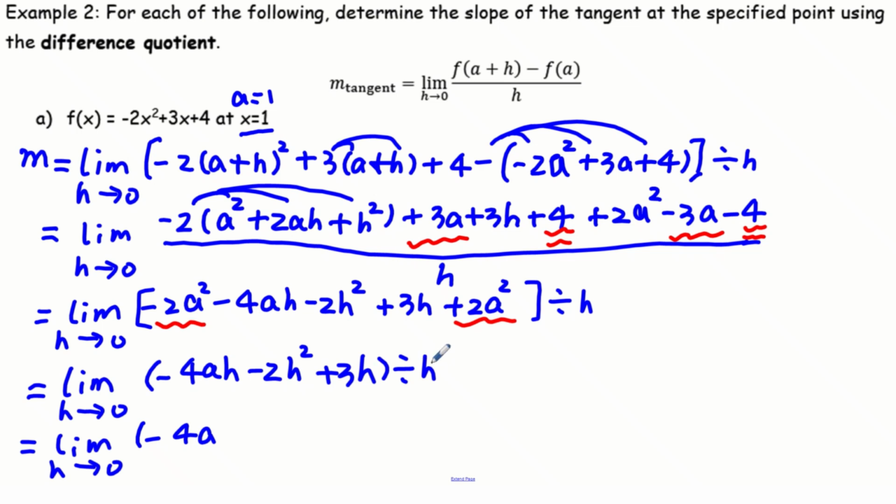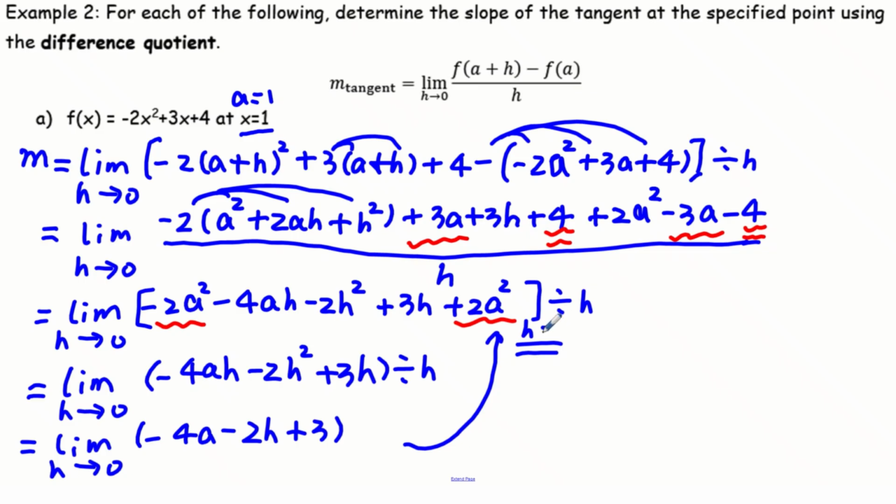-2h squared divided by h is -2h; 2 minus 1 gives you 1, so -2h is left. 3h divided by h cancels out, it's 1, so plus 3. Then you will see we don't have the denominator h anymore, so we could sub in h equals 0.